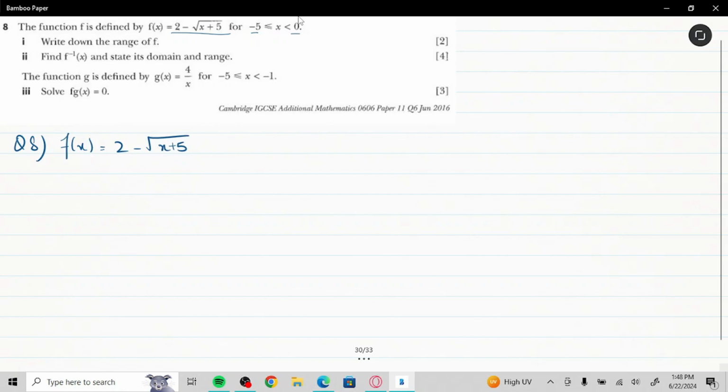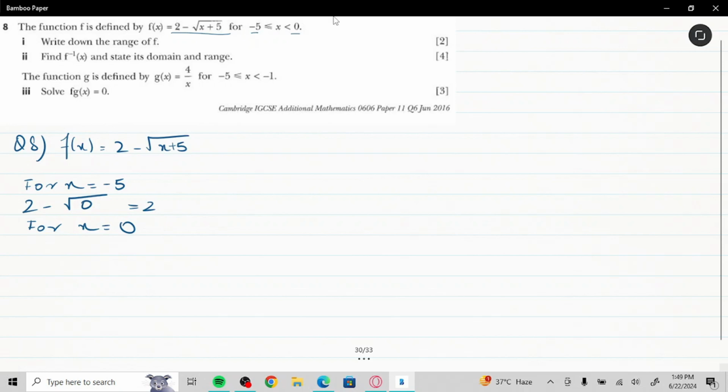So what we do here is for x equal to negative 5, 2 minus the square root of negative 5 plus 5, which is 0. So we will get the answer to be 2 itself, 2 minus 0 is 2. And for x equal to 0.